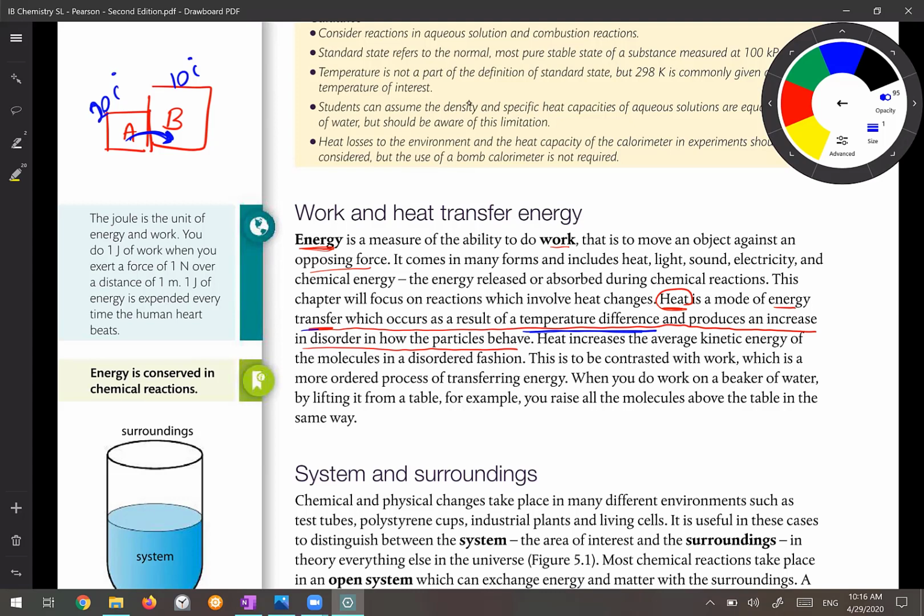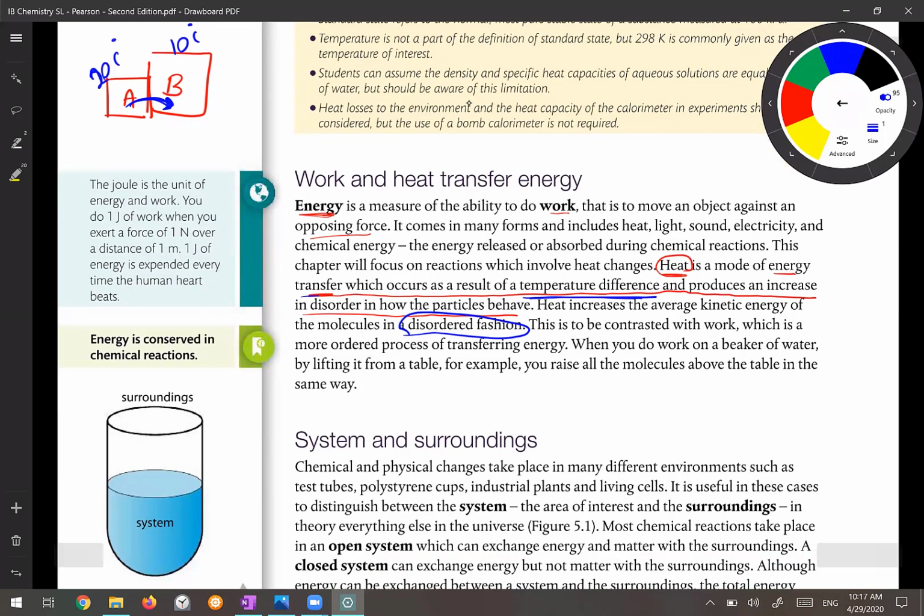When the particles or molecules move faster, it means they become more disordered. So these are the concepts that you must know: what the heat is, what the temperature represents, and what happens if you have two objects at different temperatures. The energy transfers from the hotter object to the colder object, and it increases the temperature of the colder object, so the disorder of its molecules is increased.